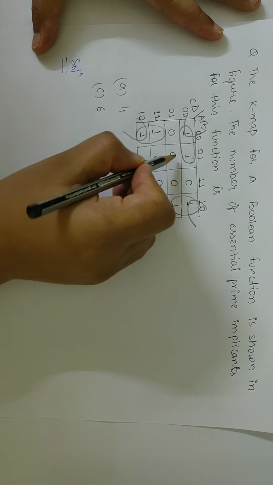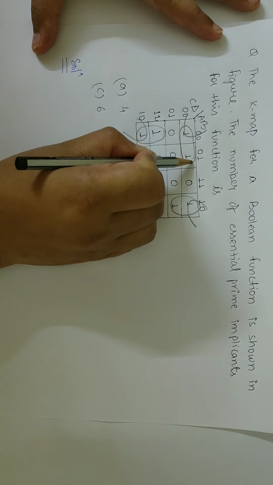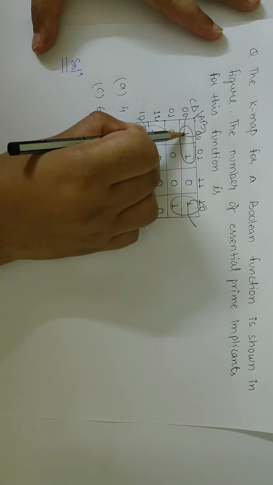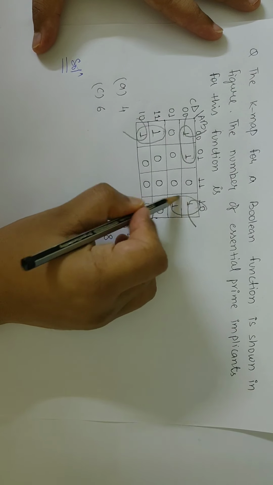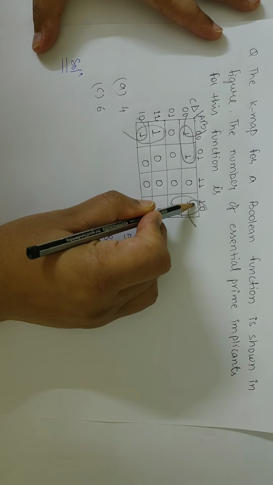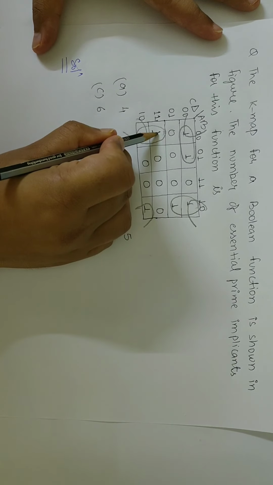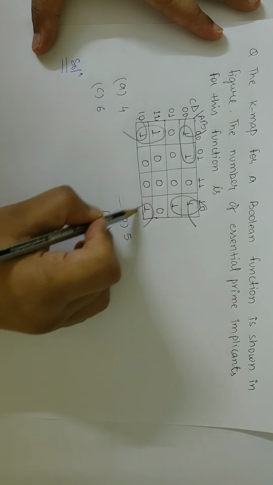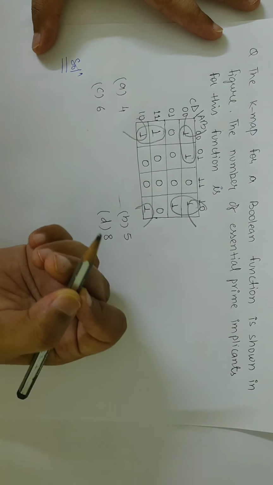If you see this grouping, in this grouping this minterm has only one option, that is to make a grouping with this one. Here also in this grouping, this one has only one option to make a grouping with this, and here also the same, this one has only one option, and this one also is a unique grouping.